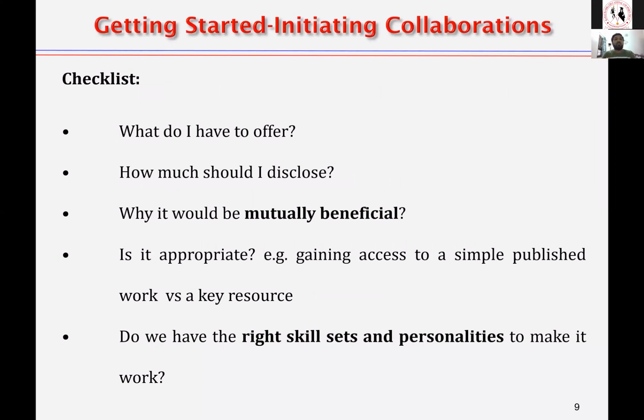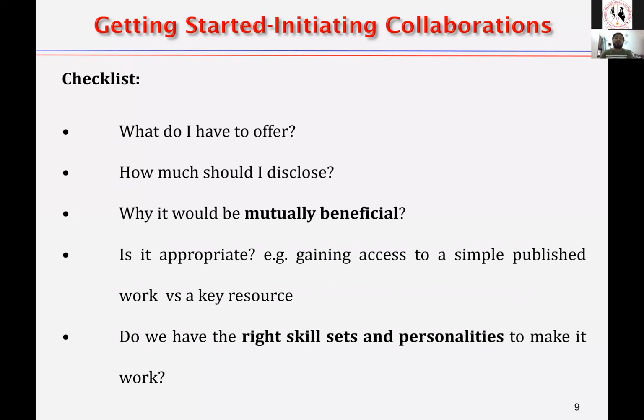So how to start, getting started and initiating these collaborations? There are some checklists before going for collaboration. One needs to be very clear why he or she needs to have a collaboration, and what are their strengths and what are their weaknesses.